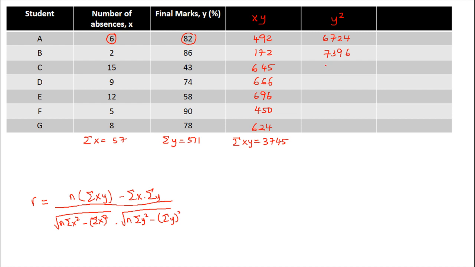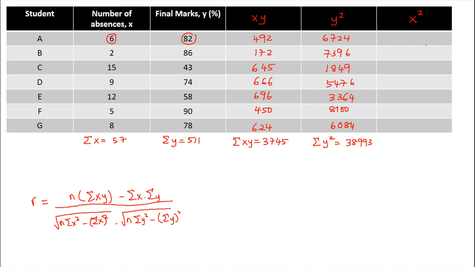Then 43 square is 1849, and 74 square is 5476. 58 square is 3364. 90 square is 8100, and 78 square is 6084. And total up this column is for the sum of y square. The sum of y square is 38993, and the last column is for x square.